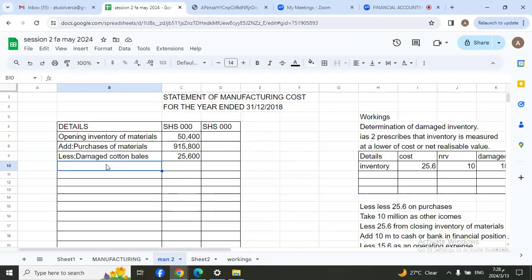I less my closing inventory. So we say less closing inventory.